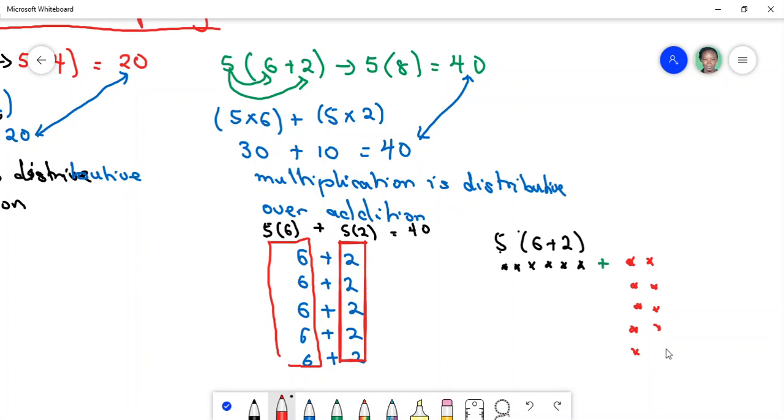Then I have 6 of this, 1, 2, 3, 4, 5, 6.